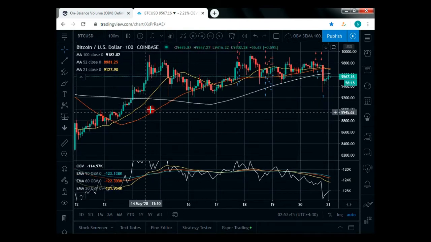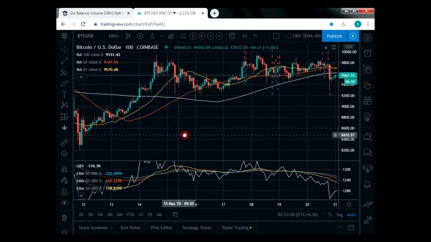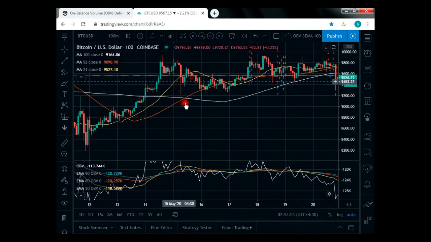So what does this tell us? At the beginning of this intermediate trend that we have, at this time, May 13, 9:30, we have the crossover of the 21 periods upward through the 52 periods.